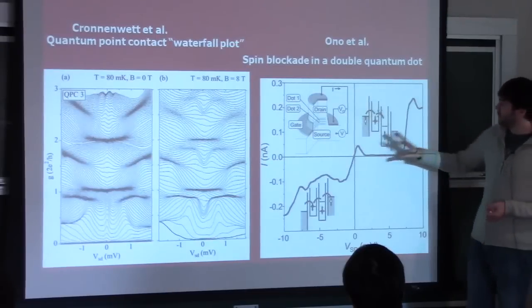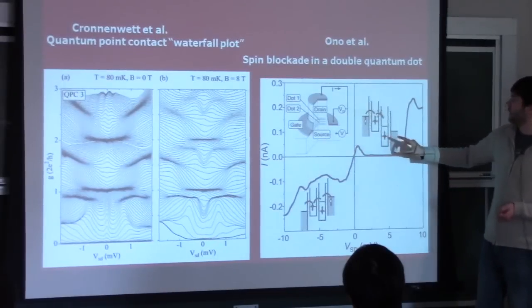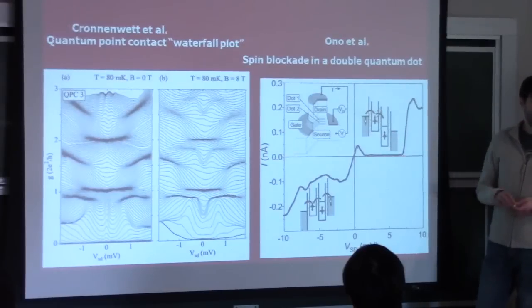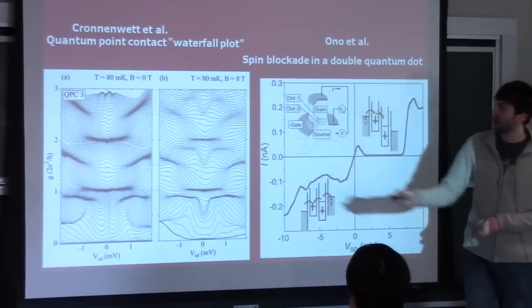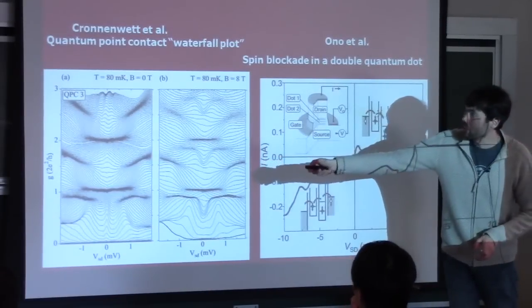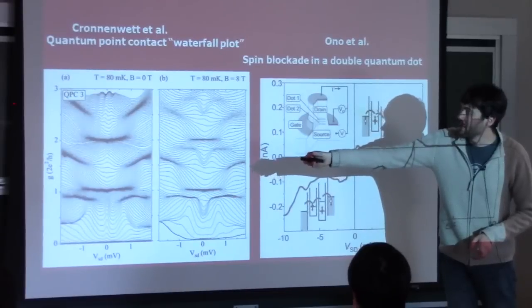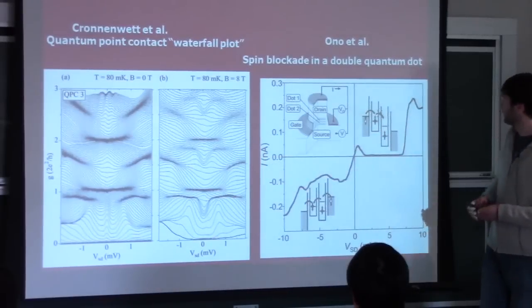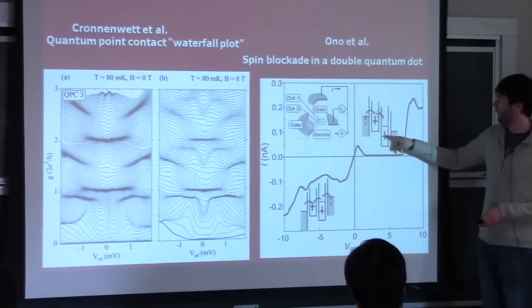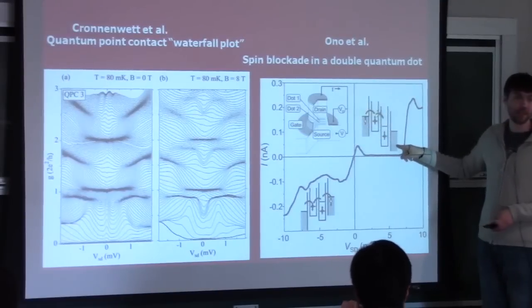So what they're measuring here is called a double quantum dot. It is a more complicated structure than I drew here, because there is one of these islands and next to it another one, like that. So one well, another well, and a source and a drain.